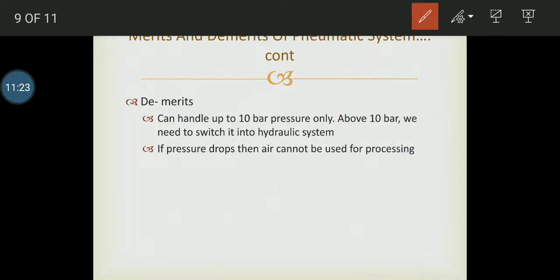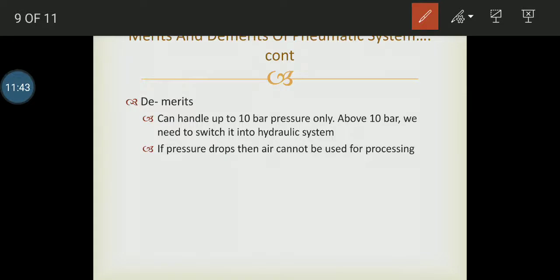This is another point, because if there is any kind of leakage in the system, the pressure immediately gets dropped, which creates complete havoc in the further processing system, because air cannot be moved further.